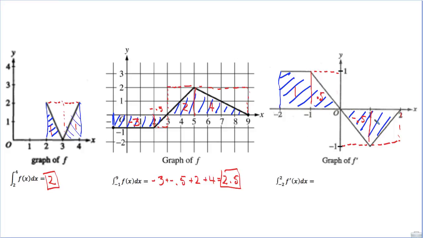This rectangle is the same thing, negative 0.5. So this is going to equal 1 plus a half plus negative a half plus negative a half. Simplifying this a little bit, this is going to be 1.5 minus 1, which is equal to 0.5.